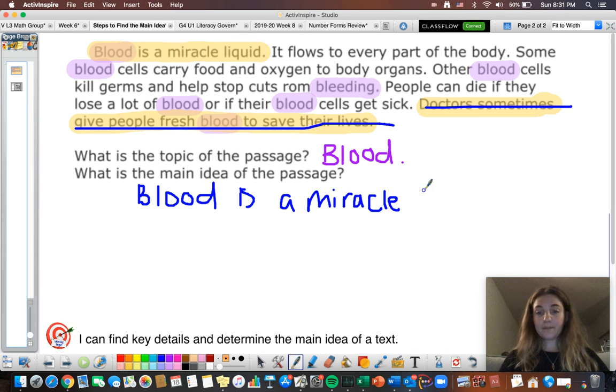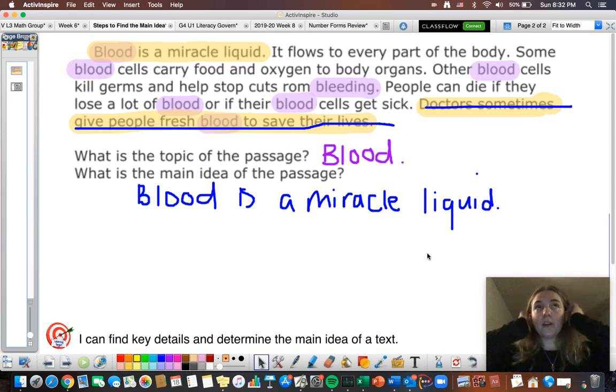Excuse my handwriting. Easy. The sentence was already there. It answers the question, what does the author want me to know about blood? The author wants me to know that blood is a miracle liquid.